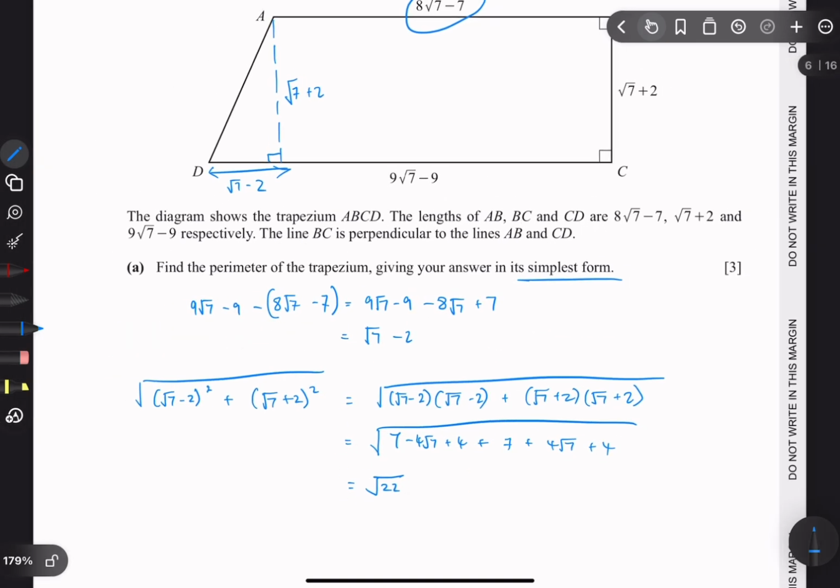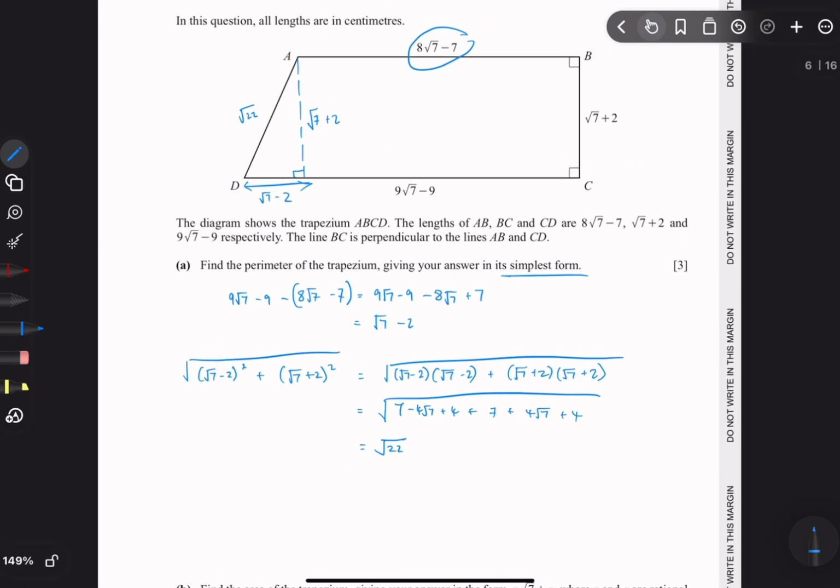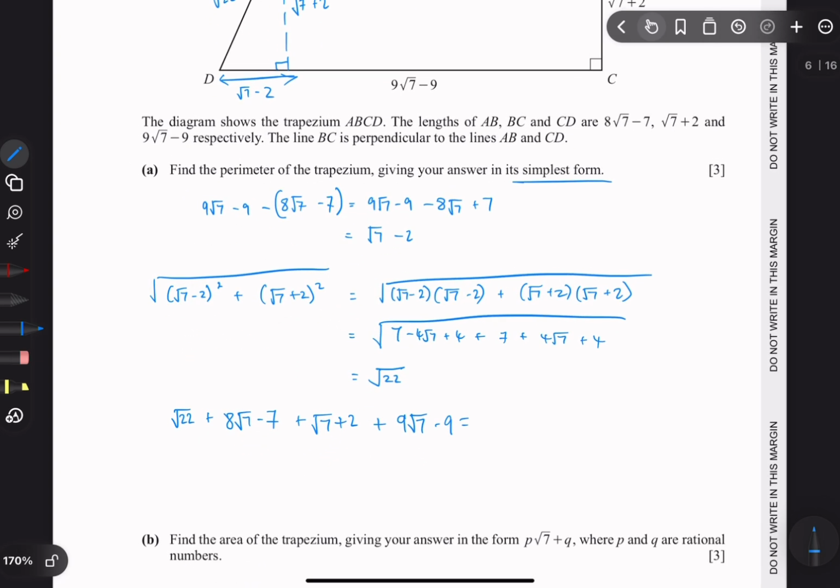So the length of AD should be root 22. And now we can just add them all up to get the perimeter. Okay, so this is the final answer and it's in the simplest form.